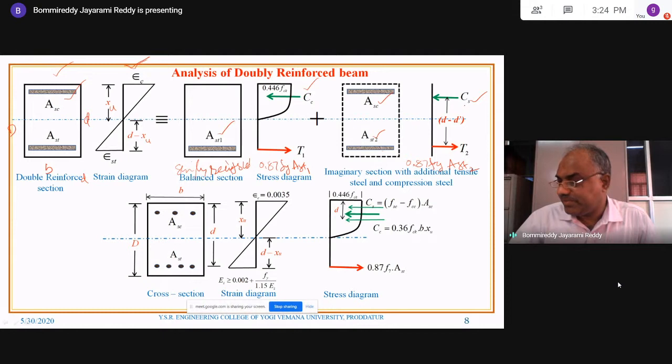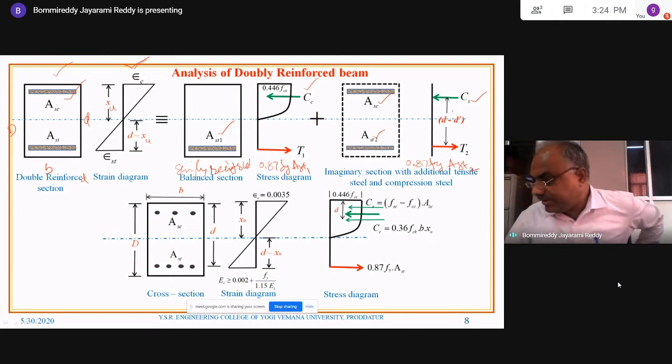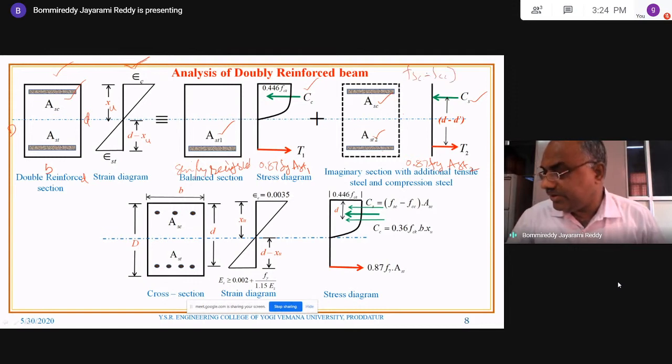And similarly CS. What is the magnitude of CS? That is nothing but FSC minus FCC multiplied by ASC. So what is going to happen here? FSC is the compressive stress in steel, minus FCC. What is FCC? FCC is the concrete strength. That means by providing compression steel reinforcement, we are replacing some concrete.